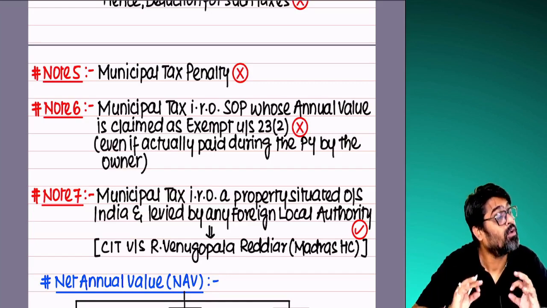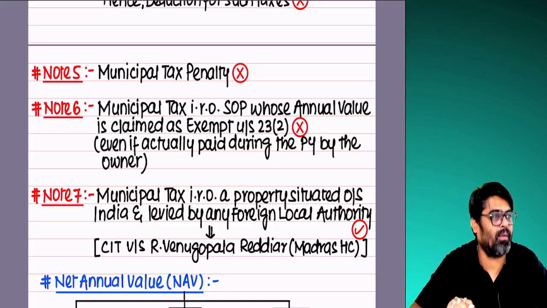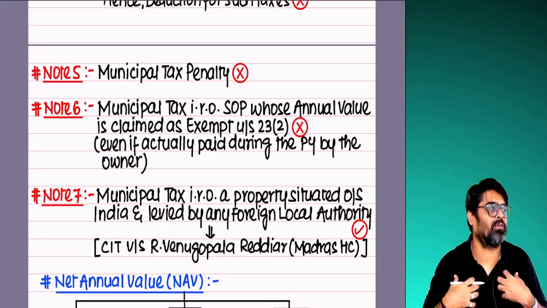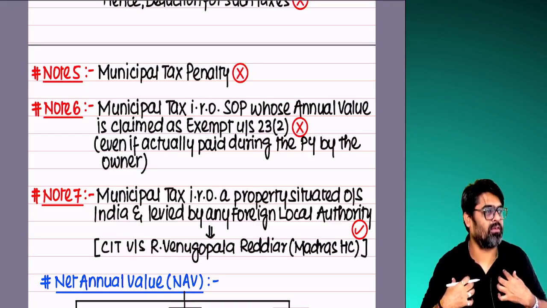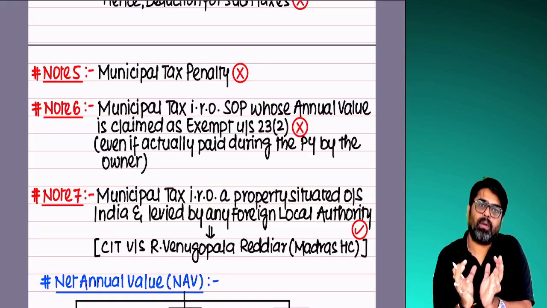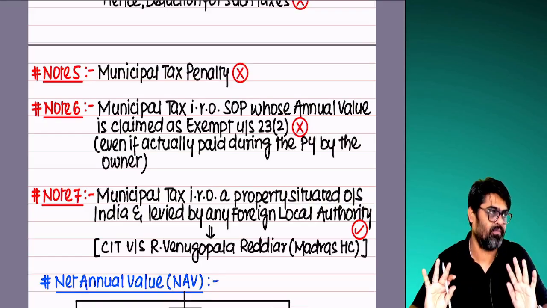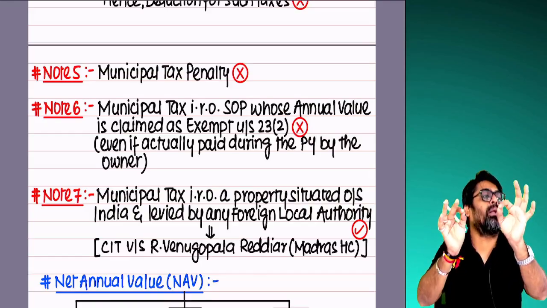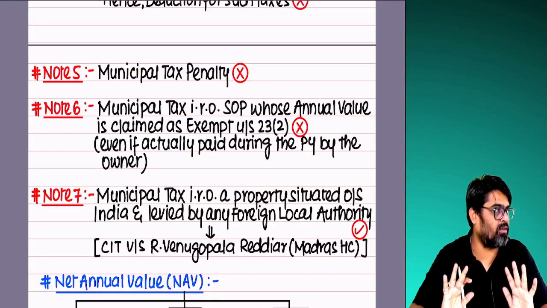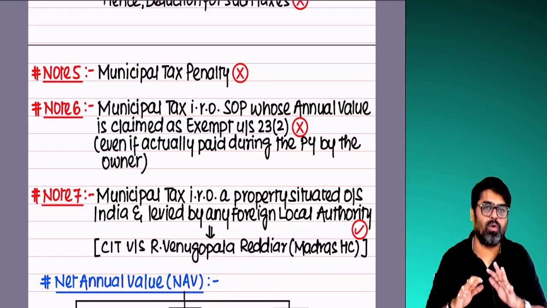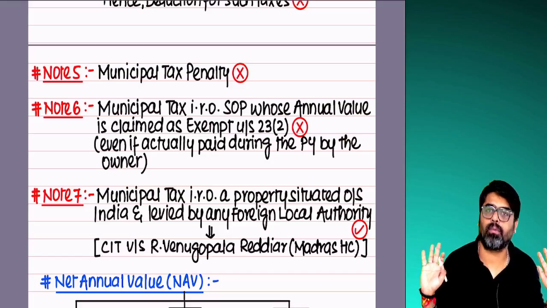Yes or no? So, to avoid that from happening, the central government says that while calculating your house property income, we are going to allow only the municipal taxes paid in this year. Any municipal tax penalty you have paid, we are not going to allow while calculating your house property income. Getting my point?